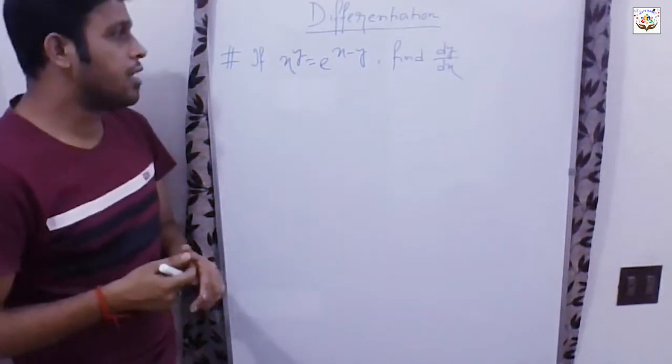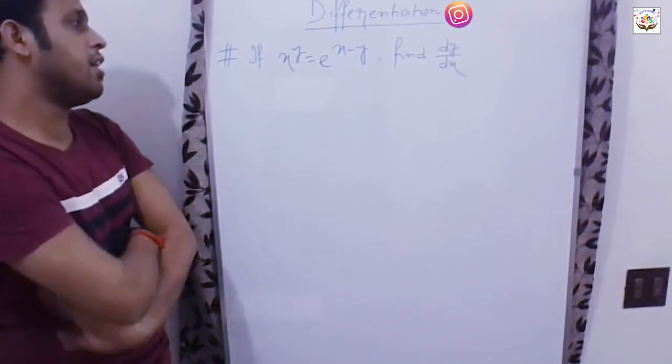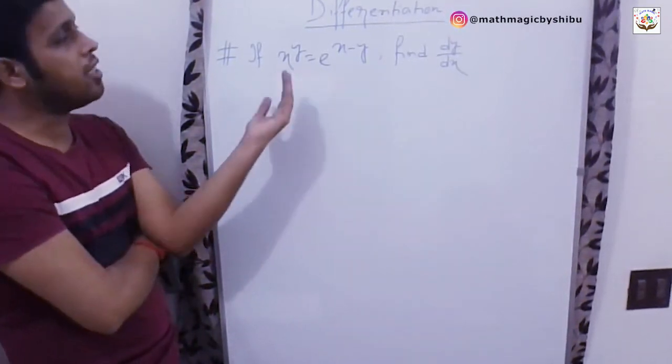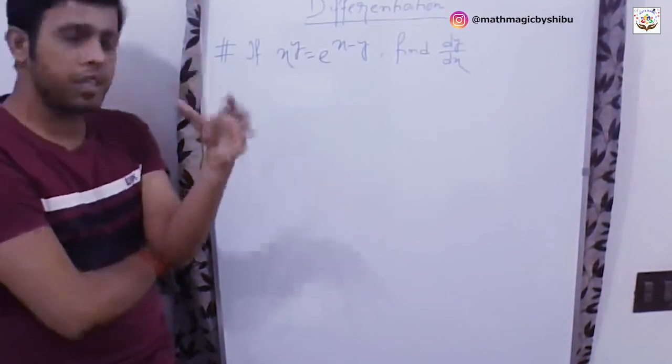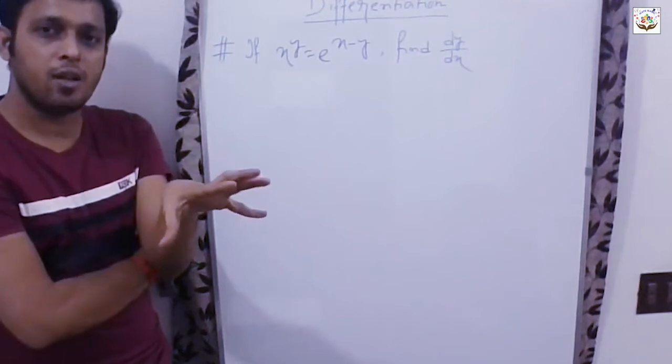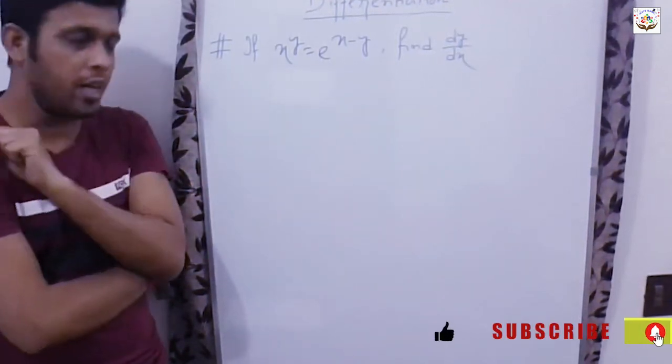So as I have mentioned repeatedly in my several differentiation videos, if we have an expression in a manner that a function is to the power of another function, in those cases, in most areas, we will take log on both the sides to simplify the problem, right?